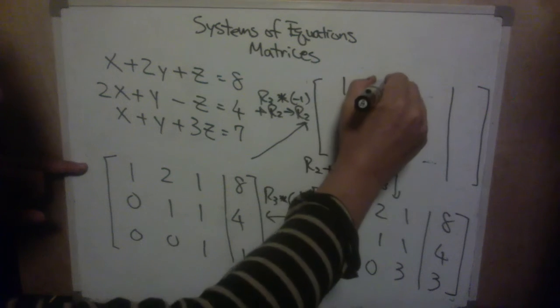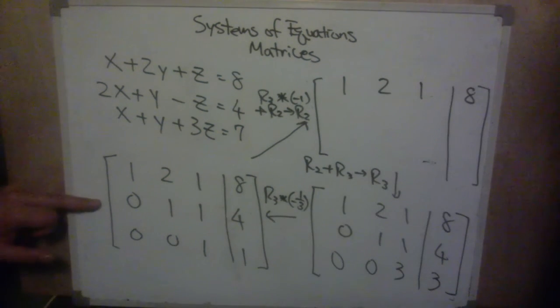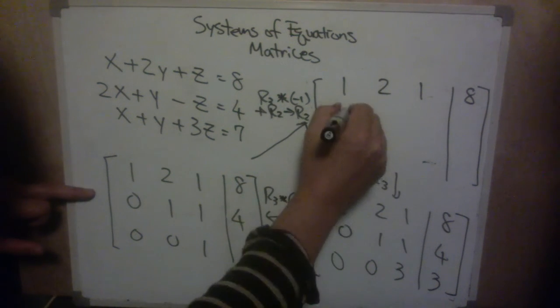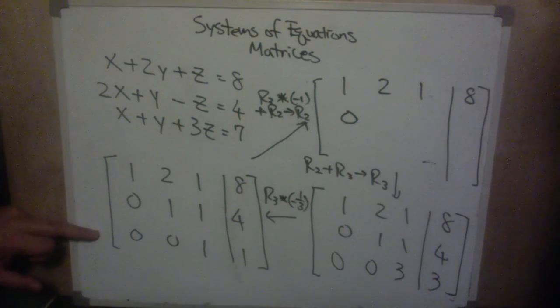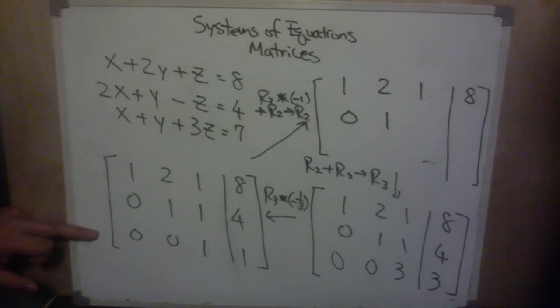Row 1 stays the same: 1, 2, 1, 8. Row 2: row 1 times negative 1 plus row 2. So 0 times negative 1, that's 0, so that stays the same. 0 times negative 1 is 0, so that just stays the same. Now 1 times negative 1, that's negative 1.